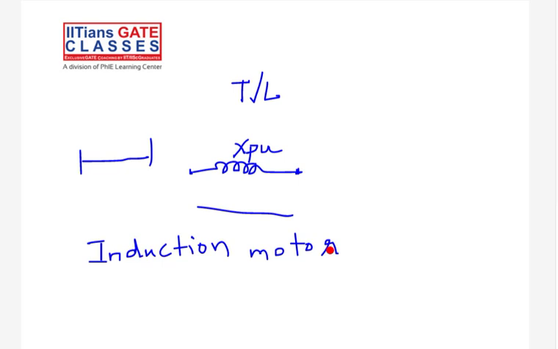So an induction motor is usually represented as this. It's not a standard representation, but there are multiple representations, or it can be represented as just a motor itself or a synchronous machine itself. And the way it will look is this: this is neutral and this is phase, right?